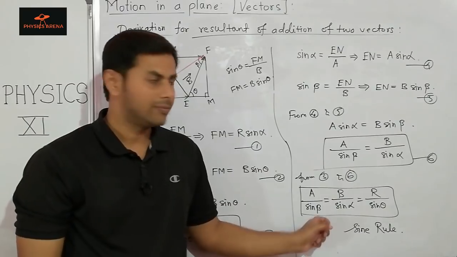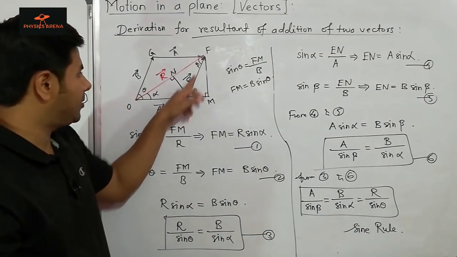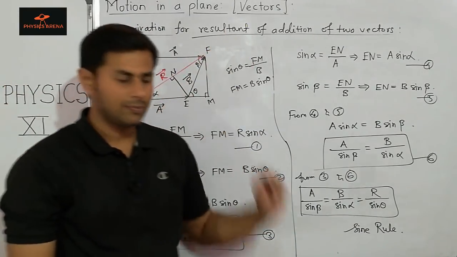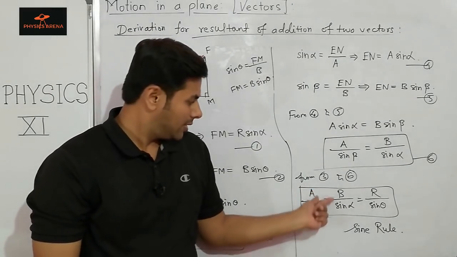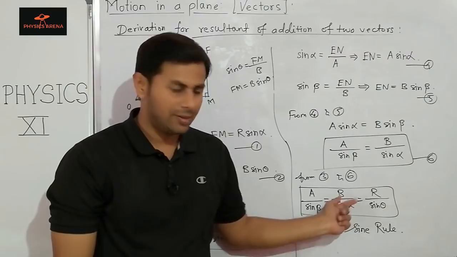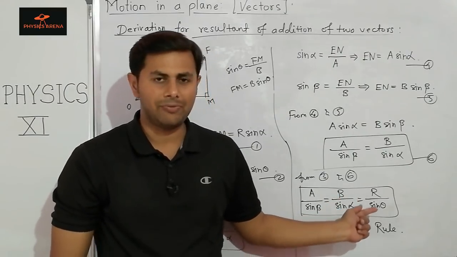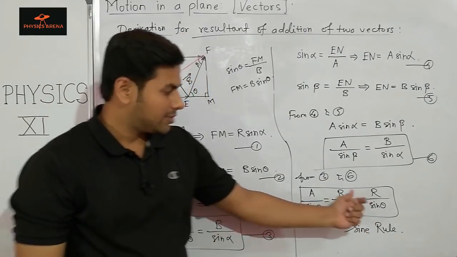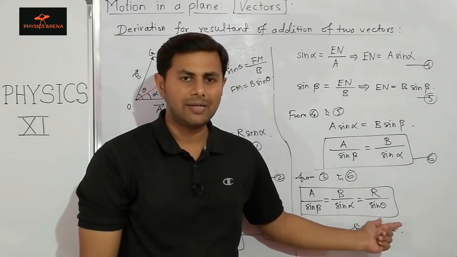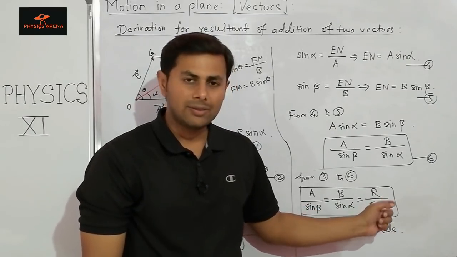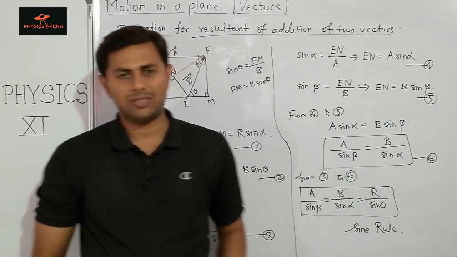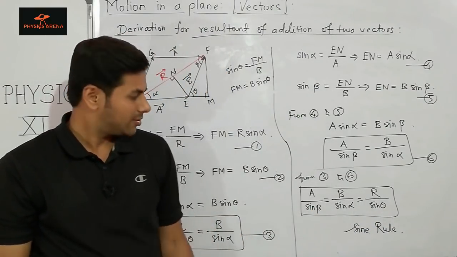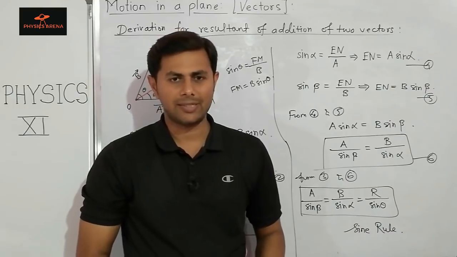This is beta. See, beta is the angle between B bar and R bar. It is equal to the magnitude of B divided by the sine of the angle between the remaining two, and it is equal to the magnitude of R bar divided by the sine of the angle between the remaining two vectors. So this is how we'll memorize the sine rule.